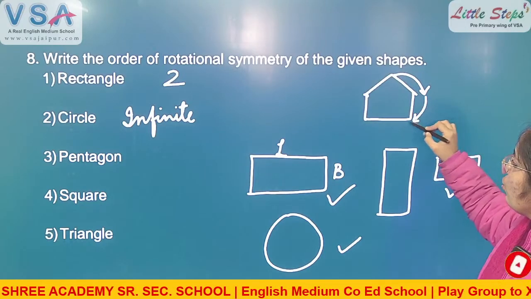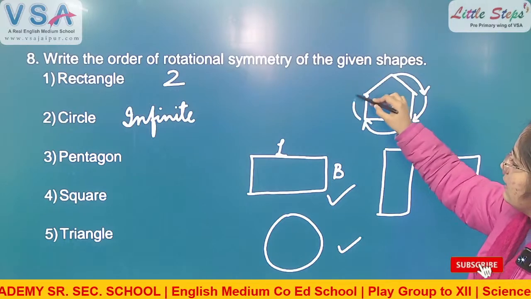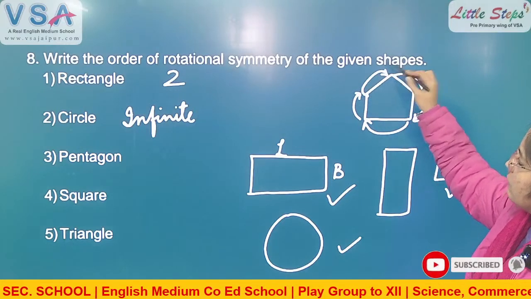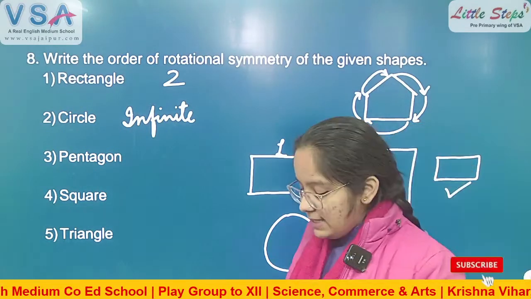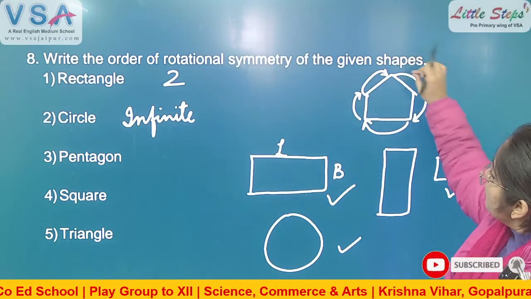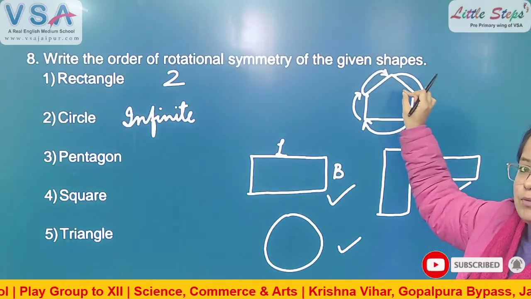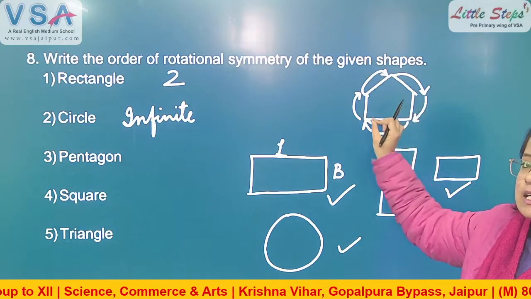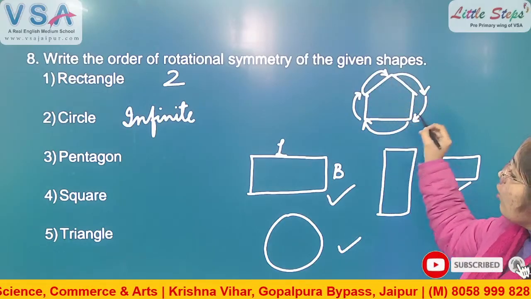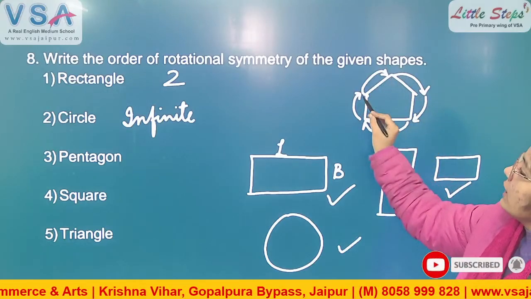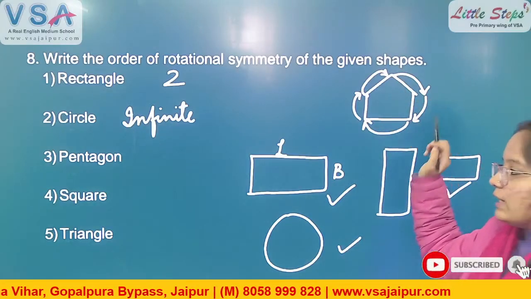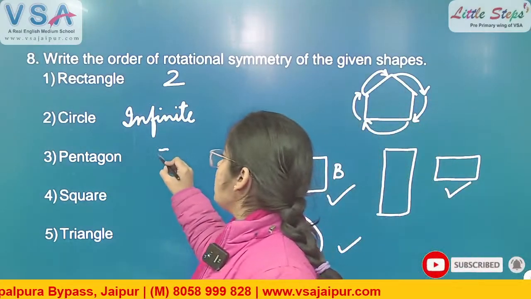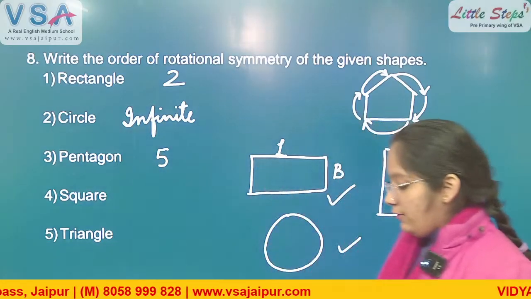Then 2, then 3, 4, and 5. We rotate it 1 time, it looks the same; 2 times, it looks the same; 3, 4, and 5. So when we count it, it is 5. The order of rotational symmetry in a pentagon is 5.